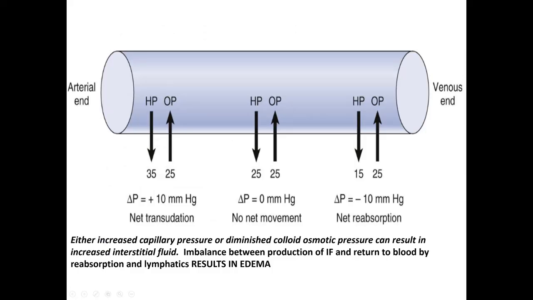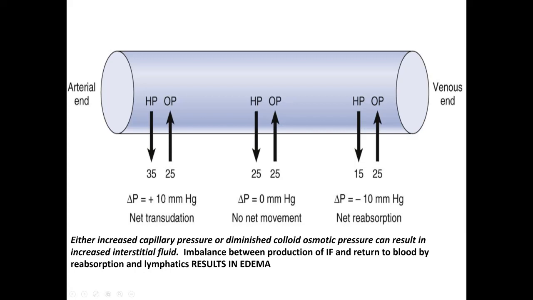Now, this is the photograph which shows that at the arterial end, the hydrostatic pressure is 35 millimeter of mercury, whereas colloid osmotic pressure is 25 millimeter of mercury, with the result that net pressure is plus 10 millimeter of mercury.